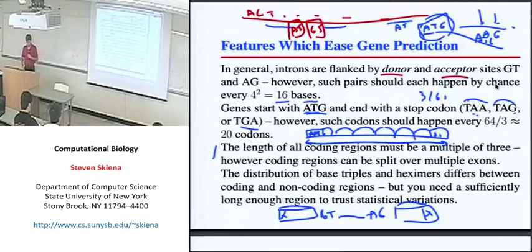What other features do we have? It turns out that if you look at the statistics of how often triples, or sixmers, occur within genes, they have slightly different statistics. There's a different probability distribution than junk, okay?